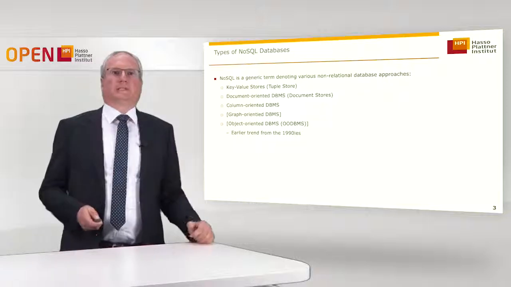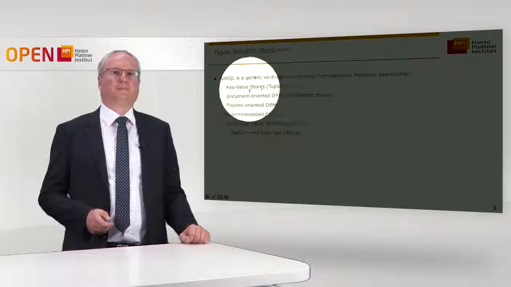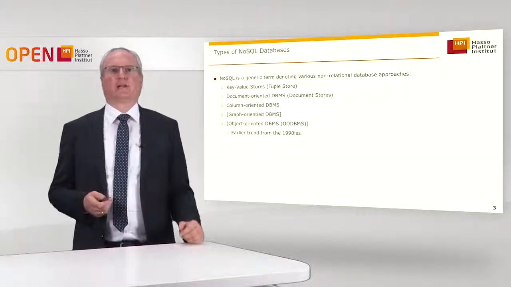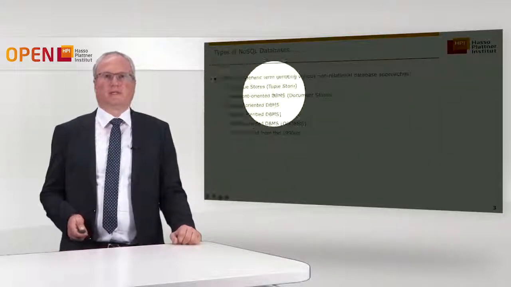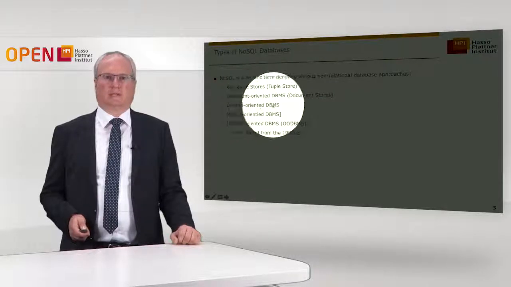The topmost is the so-called key value store, or sometimes also called tuple store, which is probably the most classical NoSQL database type. Then we have document-oriented databases, or document stores, and column-oriented databases.